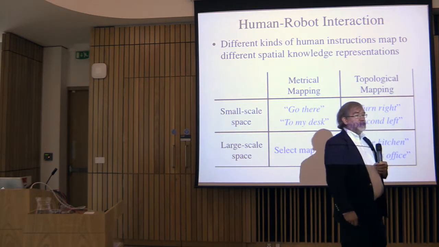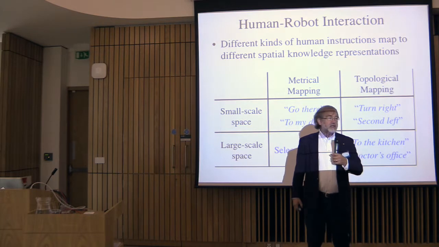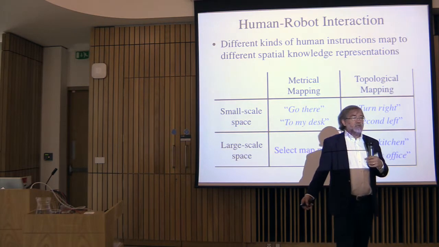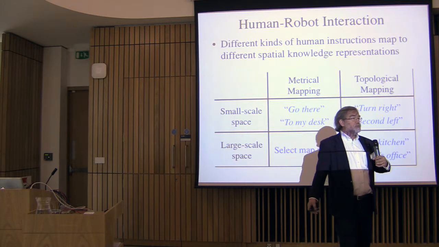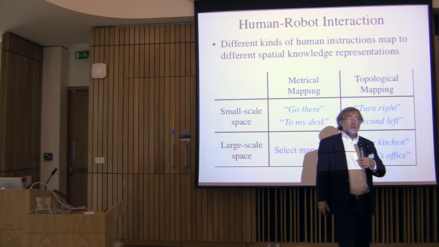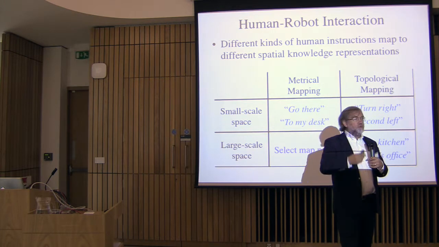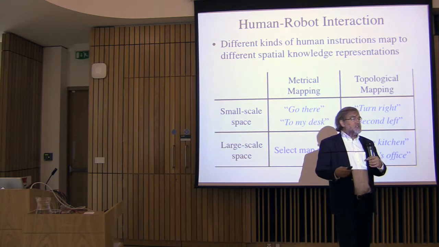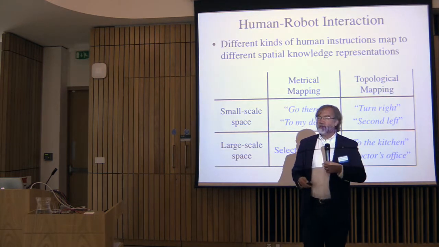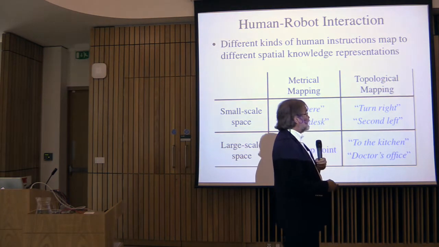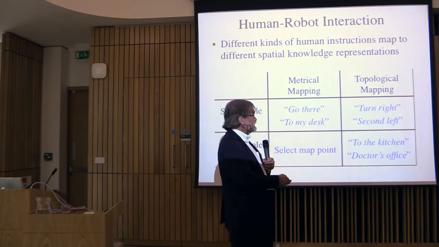So if you try to collect the ways people give instructions to a taxi driver, to someone pushing a wheelchair, to whatever, there are a variety of different conceptual languages that people are using that map very naturally onto these different representations.